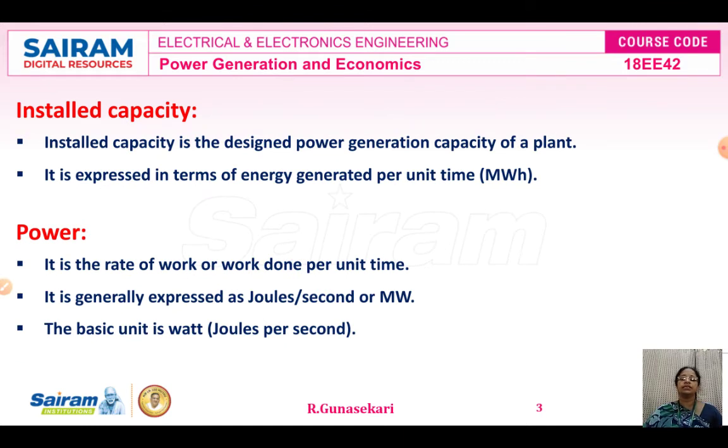Then the next term is the installed capacity. I already told in the previous lecture video, we are studying the economics of power generation. What is the definition of installed capacity? The installed capacity is the designed power generation capacity of the power plant.